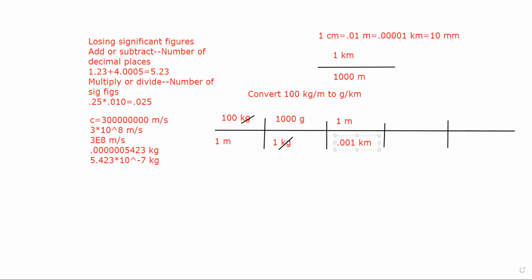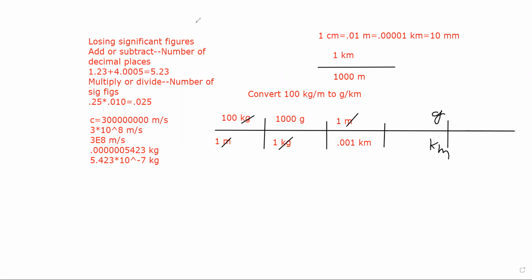That will cancel out my meters. And what I will be left with is grams per kilometer, which you'll probably never use that unit, but it's fine. It's a thing that exists.